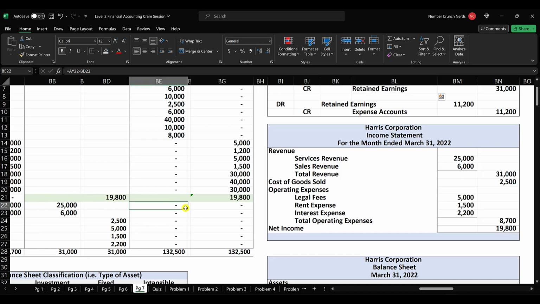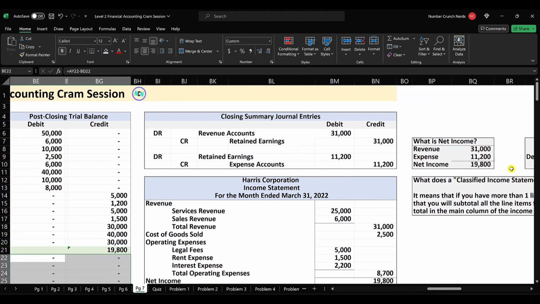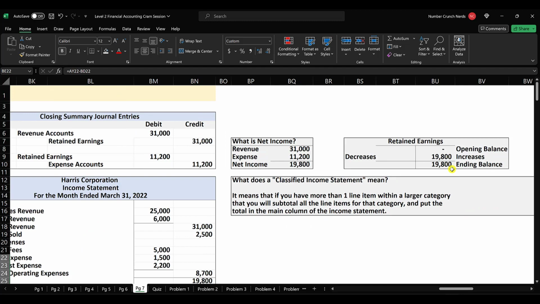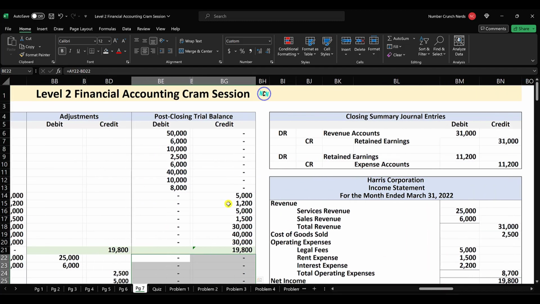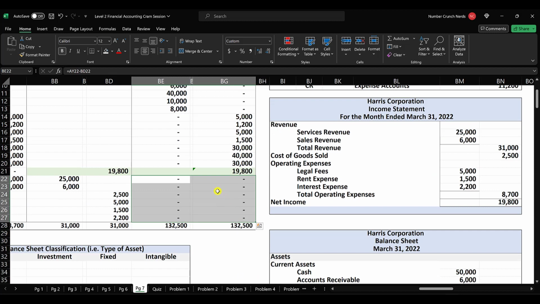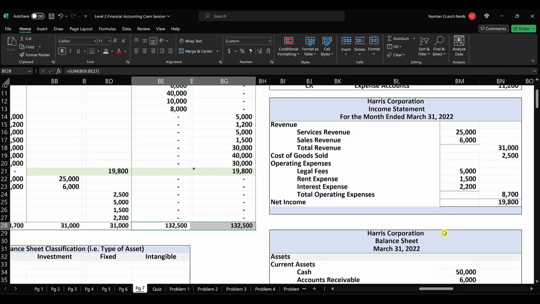The point is to zero out the revenue and expense accounts, which is what we did, and determine what the ending balance in retained earnings is, which we did over here. And then we can use those adjustments and that ending balance in retained earnings to calculate the post-close trial balance. After we do that, we can prepare the income statement and the balance sheet.